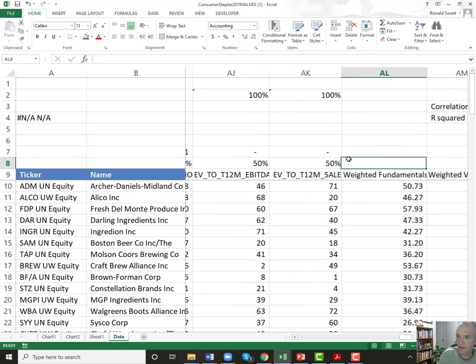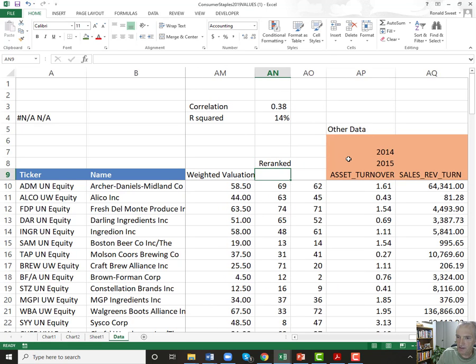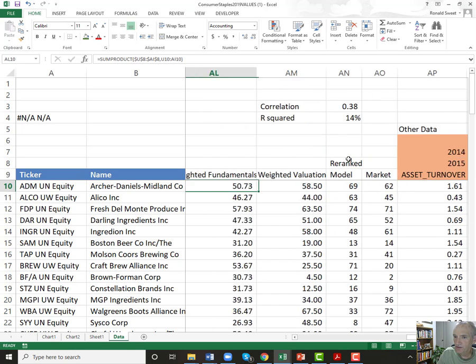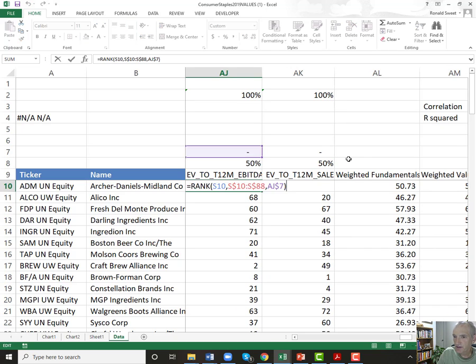over all of them. And then, here's my model, and here's the market. I want to compare where I rank a company versus where it's ranked by the market. So on the EV to EBITDA, it's comma 0, and the reason for that is the highest EV to EBITDA should be ranked number 1 as the most expensive company, and the lowest the cheapest.